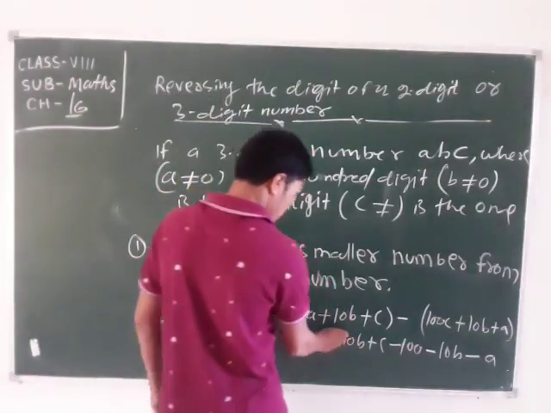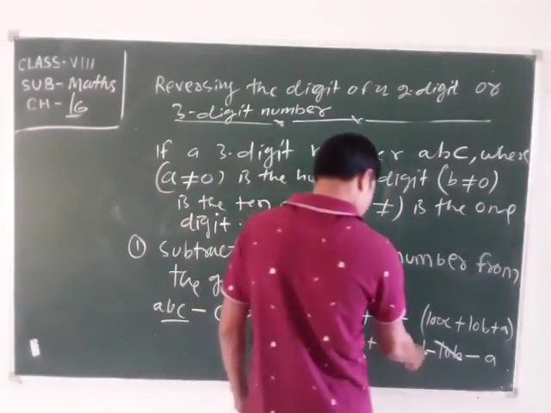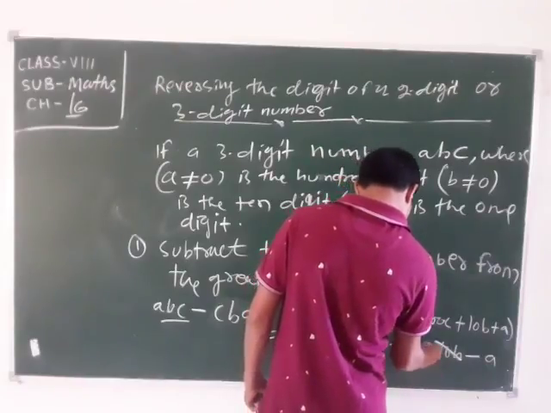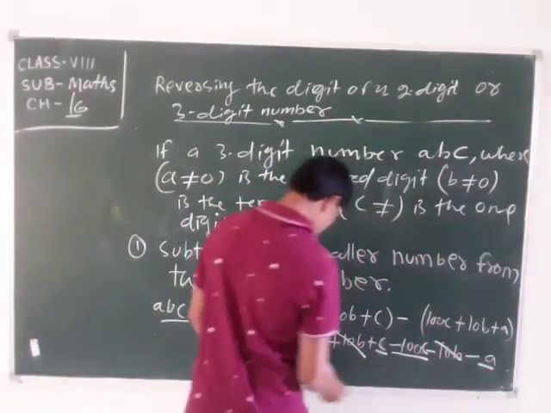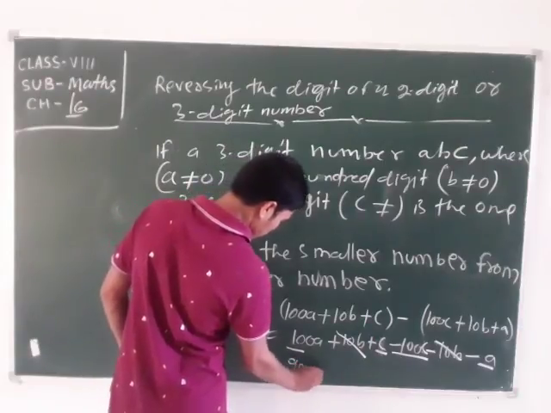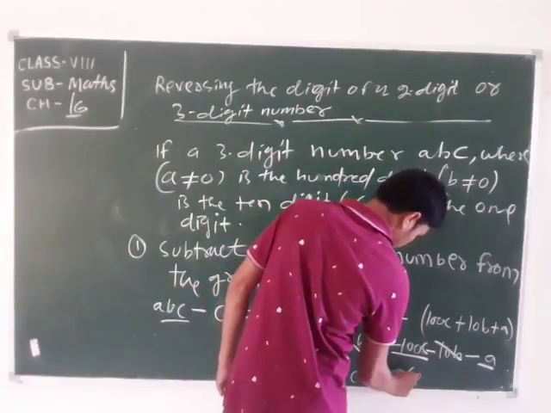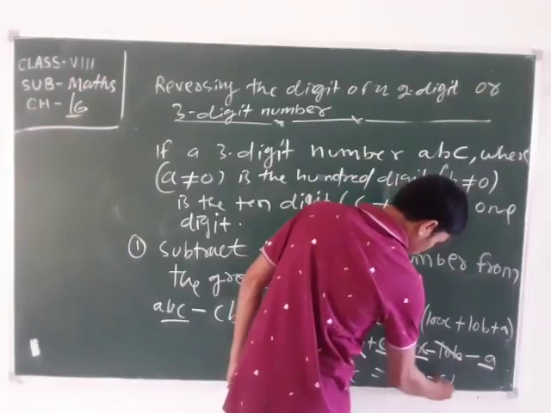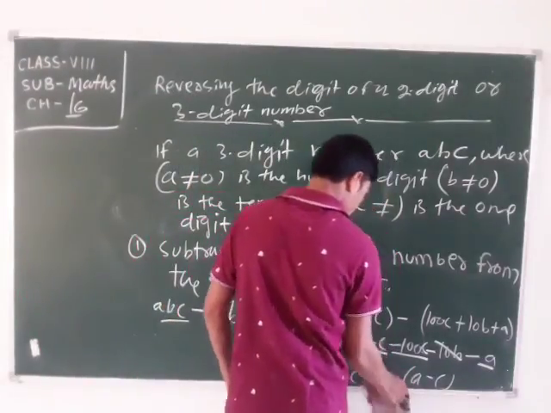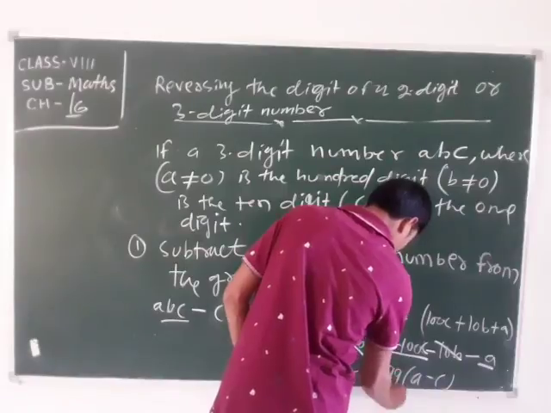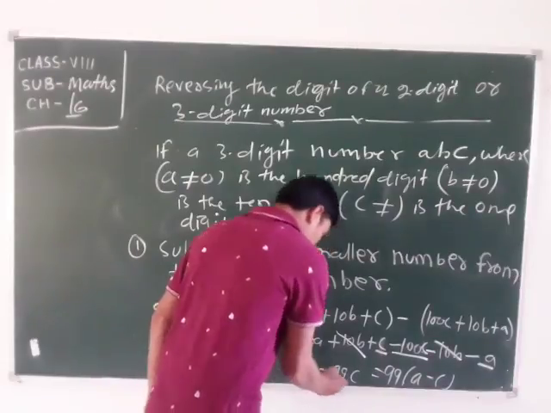Then here 10B minus 10B cancelled. Now 100A plus C minus 100C minus A equals 99A minus 99C, so 99 into A minus C. Then what is the quotient?